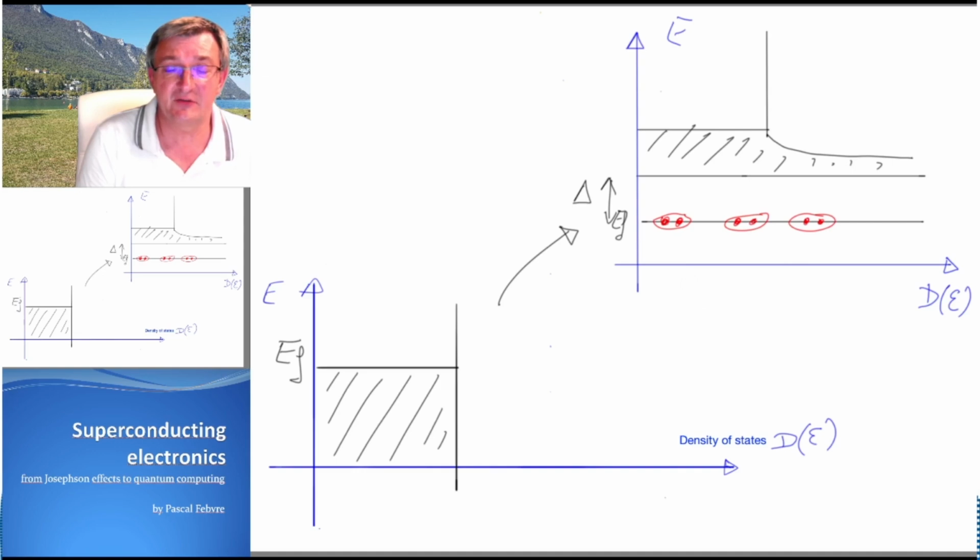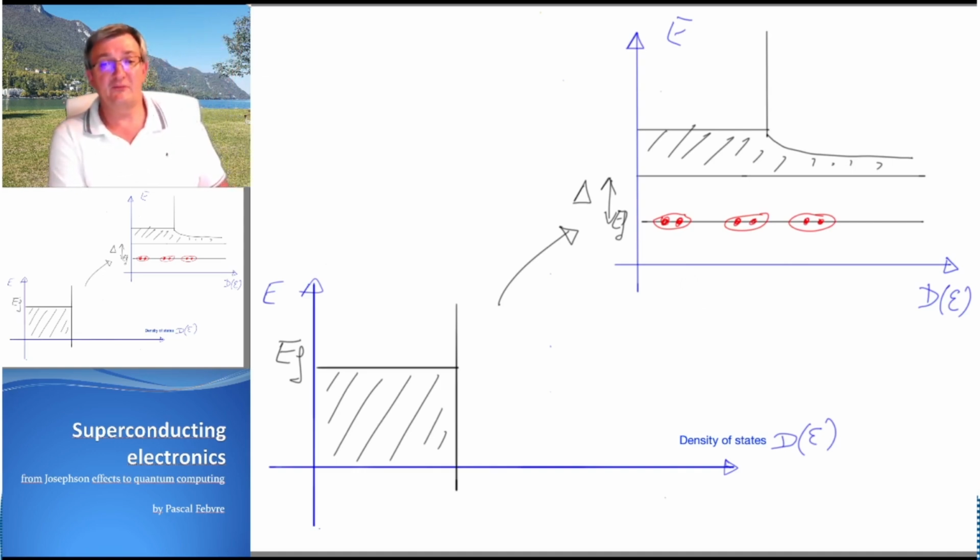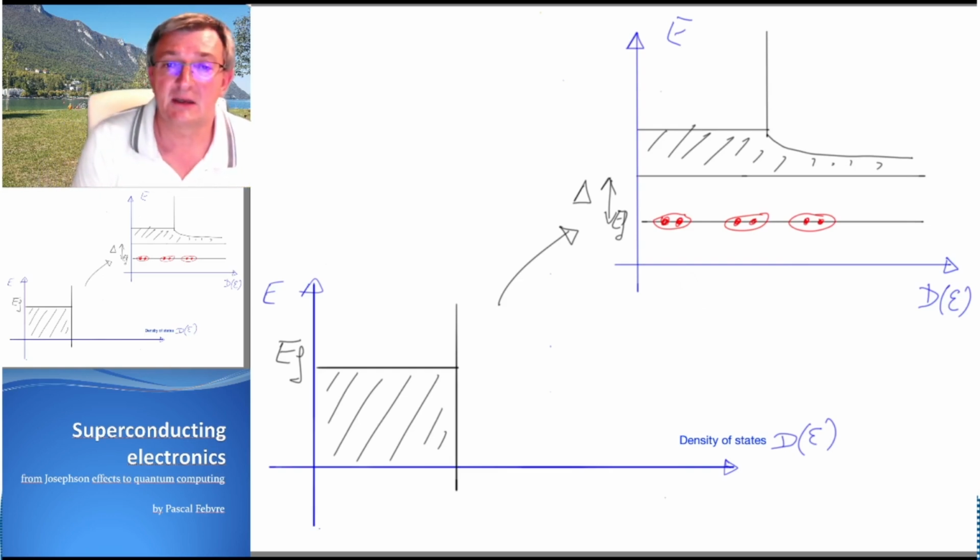Just the density of states itself goes to infinity, since you have bosons here, they can all be in the same state. And after that, you go back to the normal distribution, which is associated with the normal resistance of the material. We'll see that a bit later.